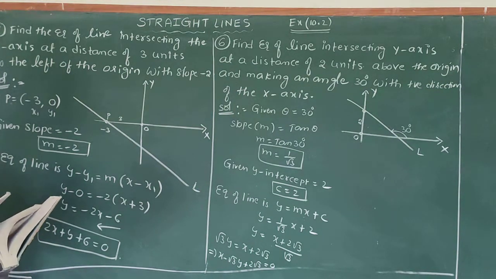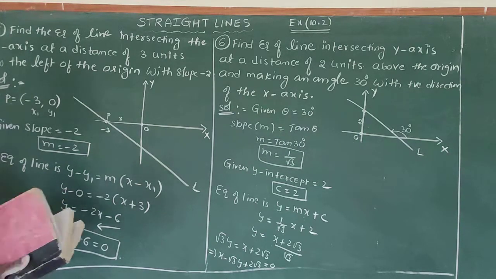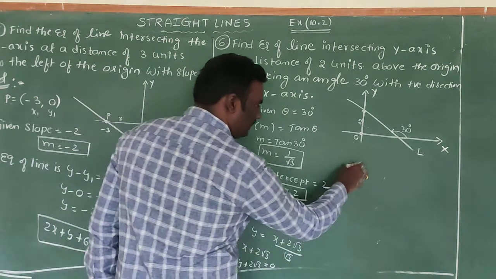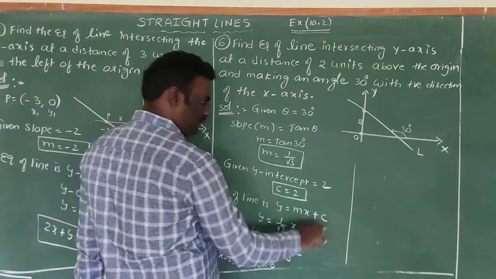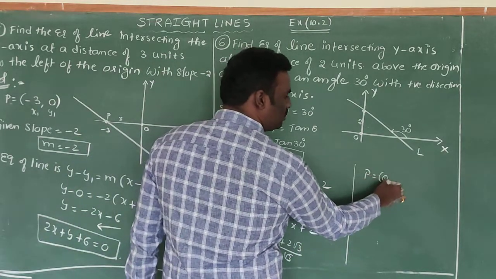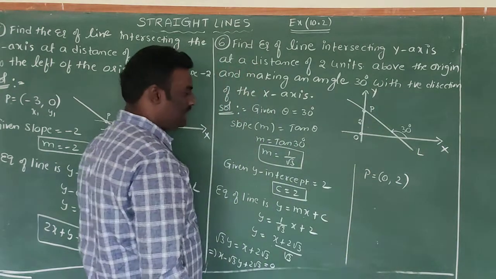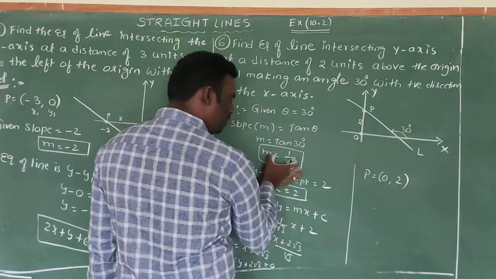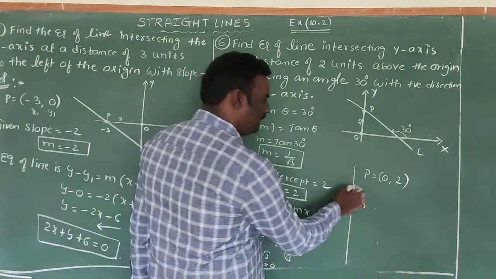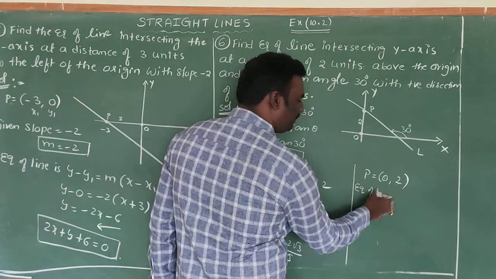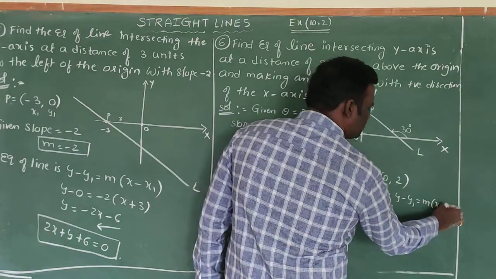Okay. This question we can solve in one more method also. So same here, up to here same. Instead of taking y intercept, take the point 0 comma 2. Why? Because this point lies on which axis? Y axis. Finally we know the point and we know the slope. Then which form can I use? Point slope form. See, listen. Equation of line: y minus y1 is equal to m into x minus x1.